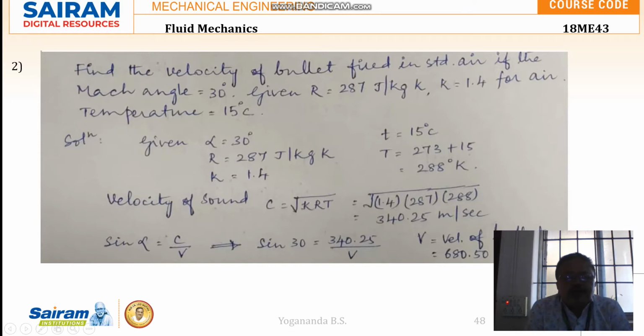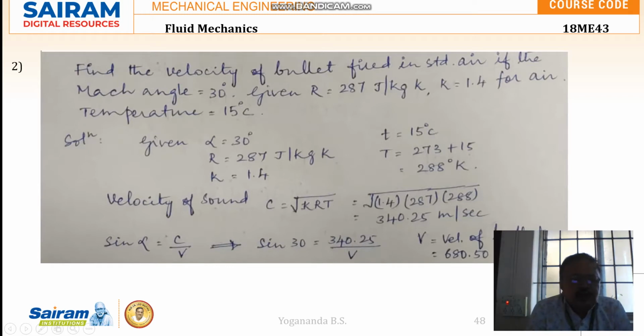So the velocity of sound C is square root of KRT. Substituting K, R and T, we get C as 340.25 meter per second. So sin alpha is equal to C by V. We now have the velocity of the disturbance wave, but we want the velocity of the projectile.